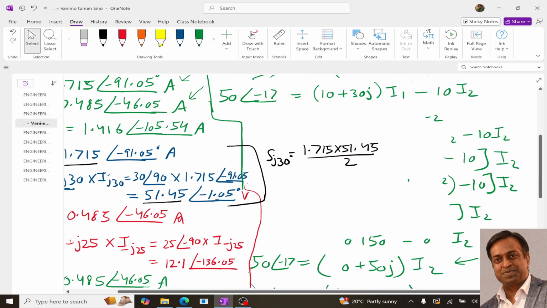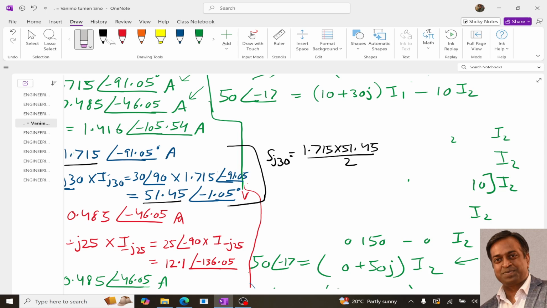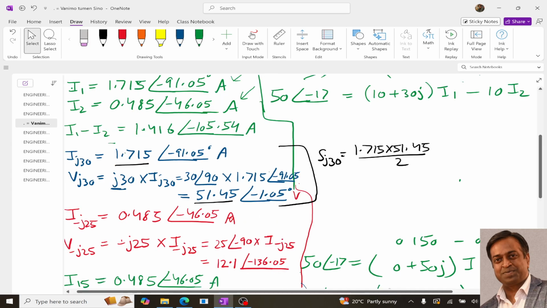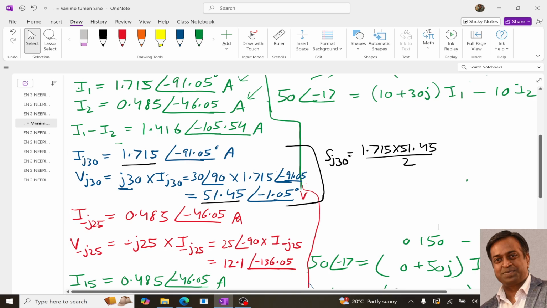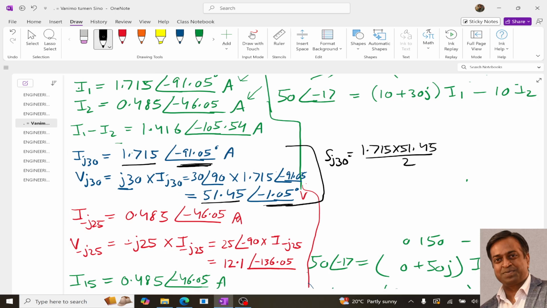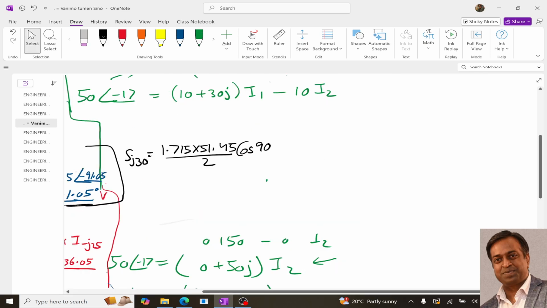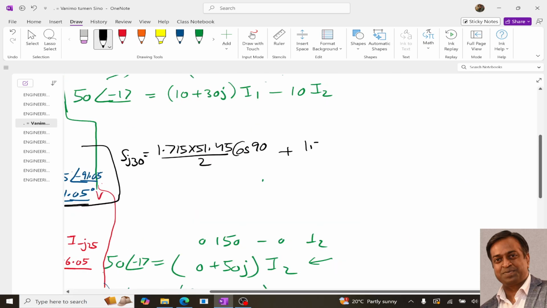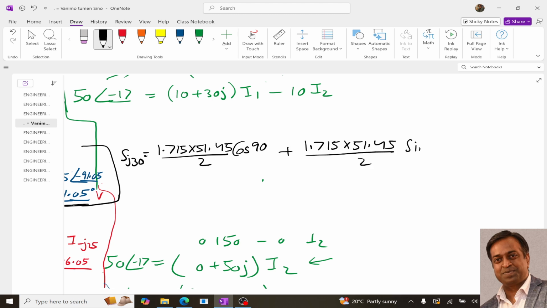And what is the phase difference between the voltage and the current? If you look at this, this angle is 91.05, this is minus 1.05. So if you take the difference, you will get 90. So this will be cos 90 plus again 1.715 into 51.45 upon 2 sin 90.